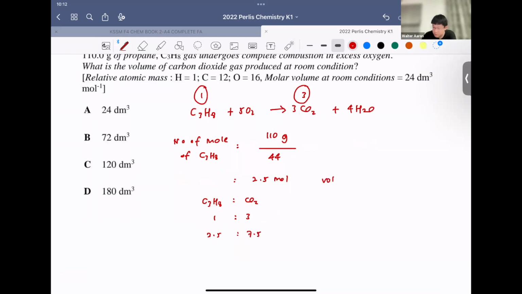So now the number of moles of carbon dioxide is 7.5. So the volume now will be 7.5 multiplied by 24 dm cube per mole at room conditions. That will be 180 dm cube of gas collected exactly. So therefore, the answer here will be donkey.